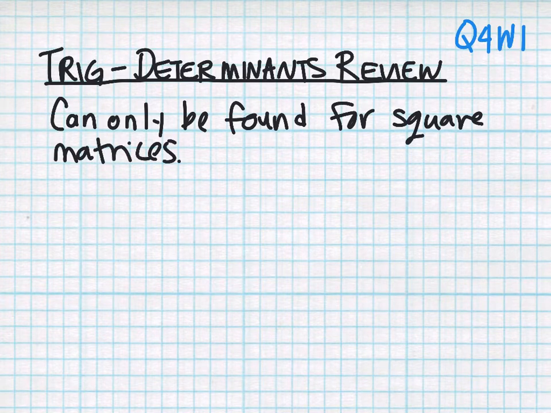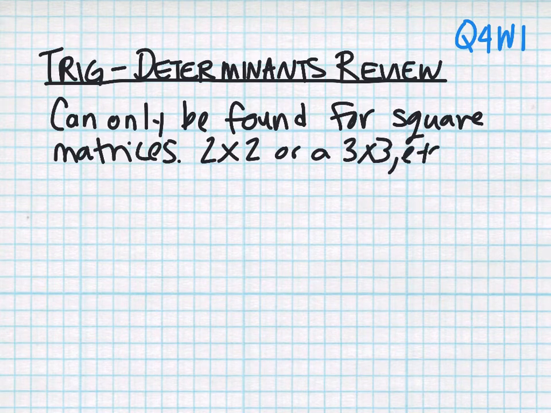And square just means the dimensions are the same, so like a 2x2 or a 3x3, etc. Once we get up to like 4x4, 5x5, we don't tend to do those by hand, so we're only going to go over doing 2x2 and 3x3 by hand. So 2x2, we'll start there.